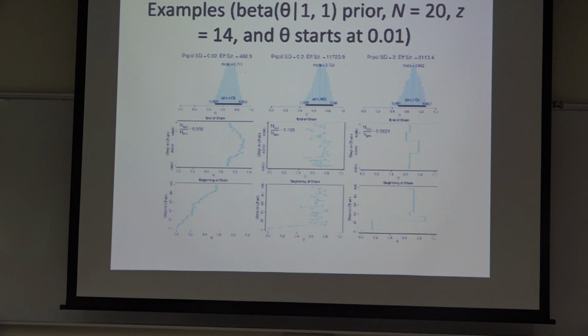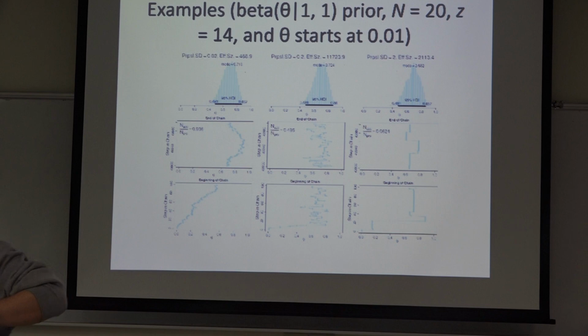So this effective sample size measures how many independent samples you can obtain from these 50,000 iterations.